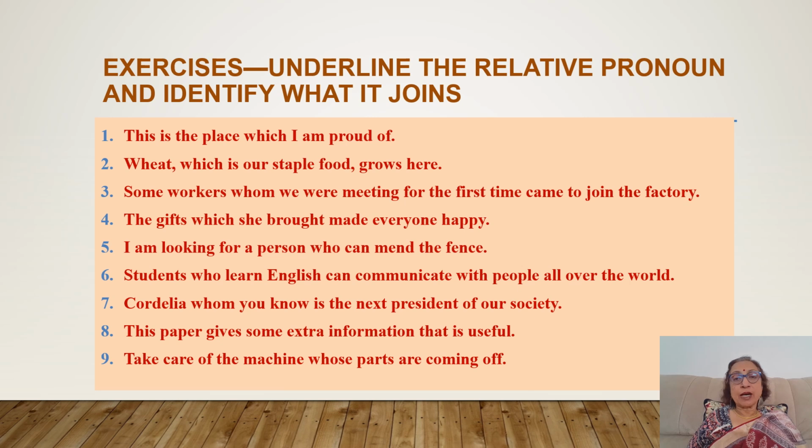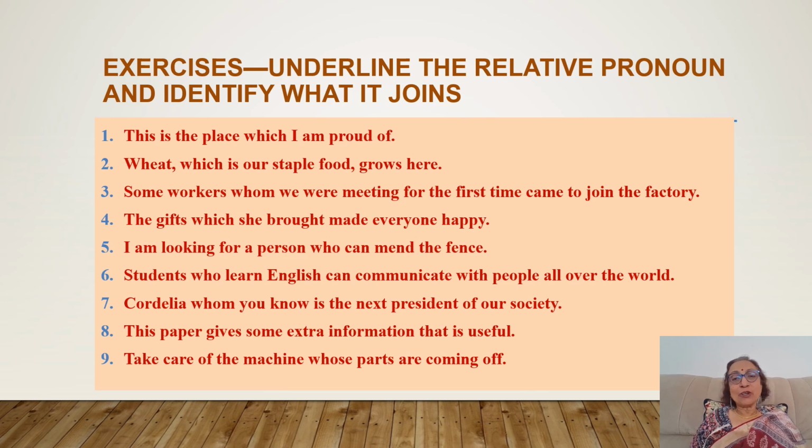I will show you the answers in two different slides. Please do the exercise first and only then go to the slides which show you the answers. I hope all of you are doing this honestly, because there is no way I'm going to come to your house and check up.